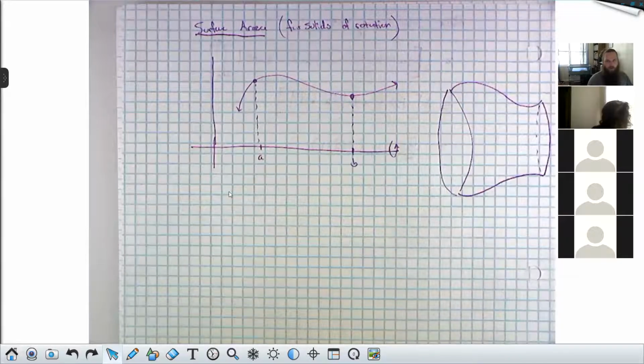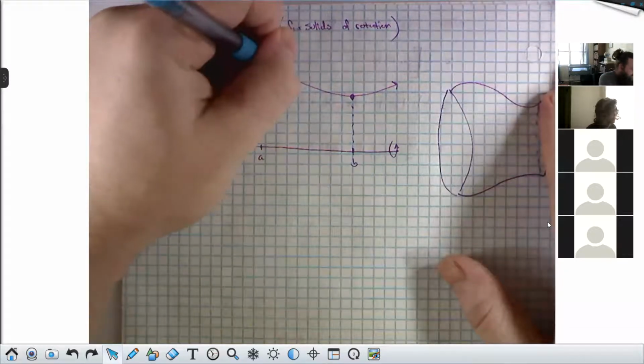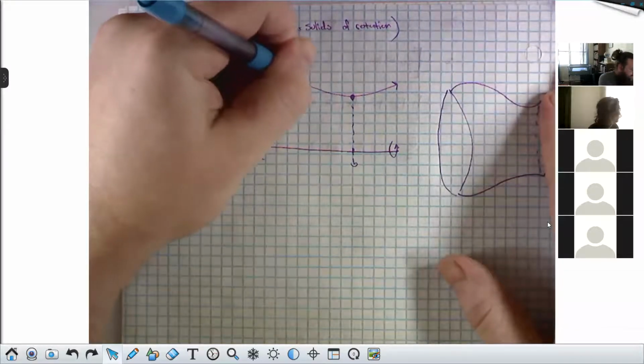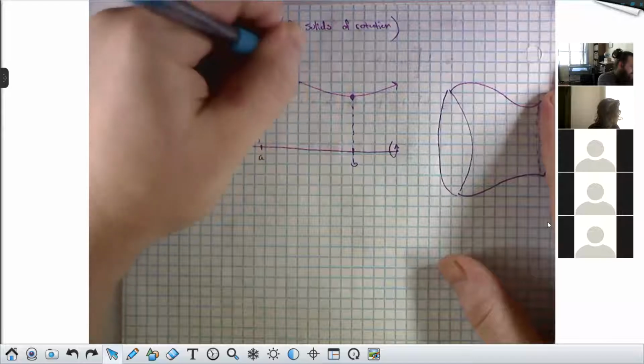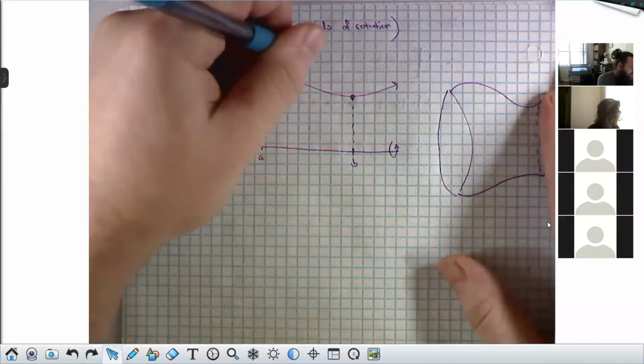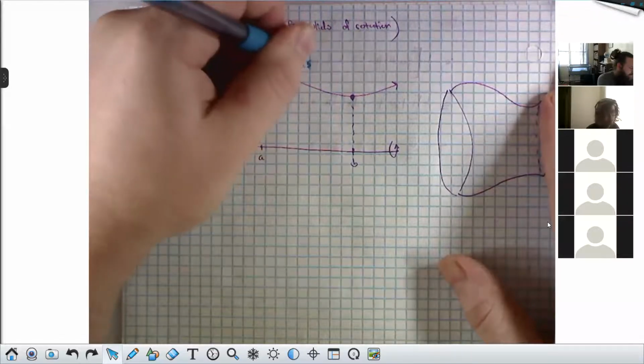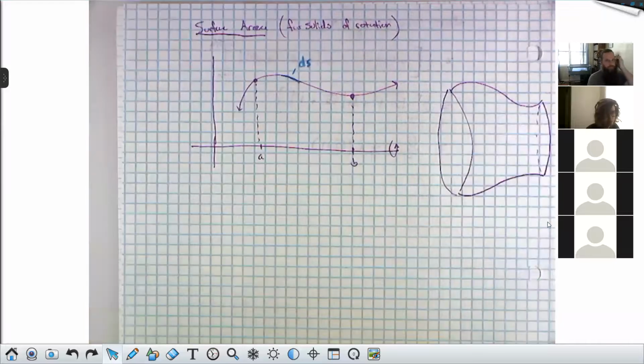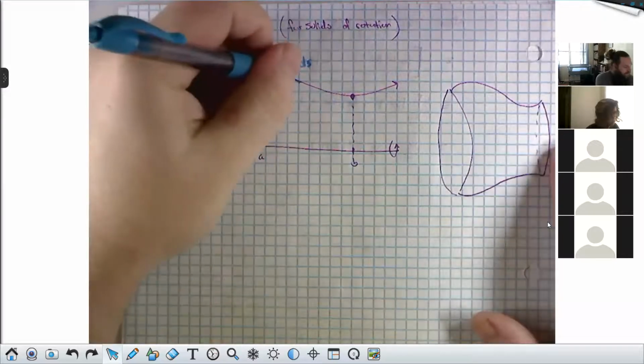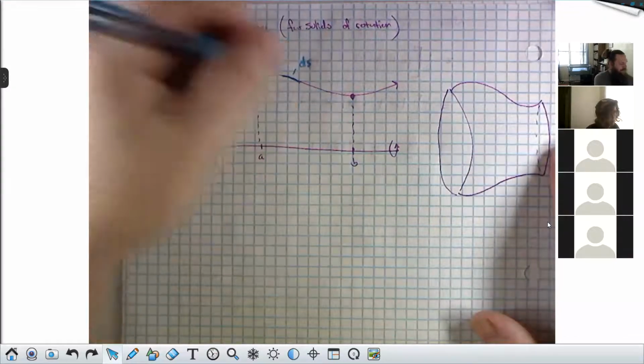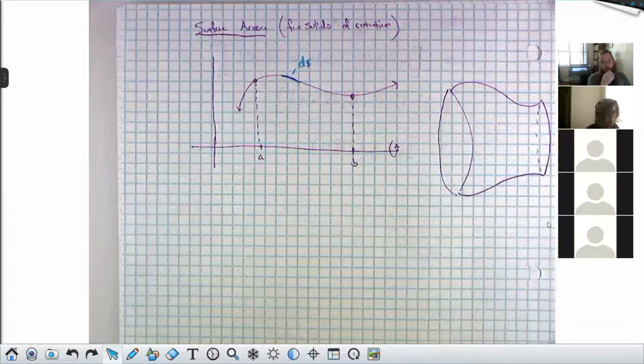And what I want to do is find not the volume of this, but I want to find its surface area. The trick to that is to look at a little piece of arc length, which I'll call ds. ds is a little differential piece of arc length.